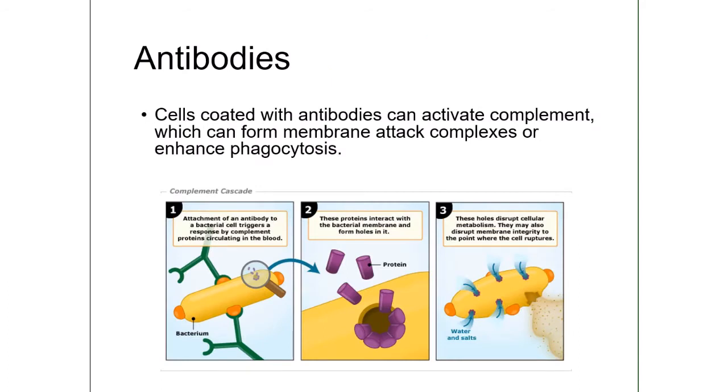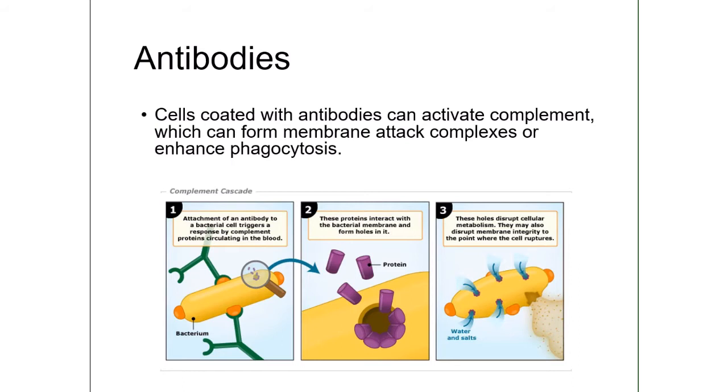Next one, cells can be coated with antibodies, and that will actually activate complement and encourage them to form membrane attack complexes or enhance phagocytosis. So I don't want you to think of innate immunity and adaptive immunity as two separate, unrelated branches of defense. In fact, based on this slide, you can see that the two kind of crosstalk, right?